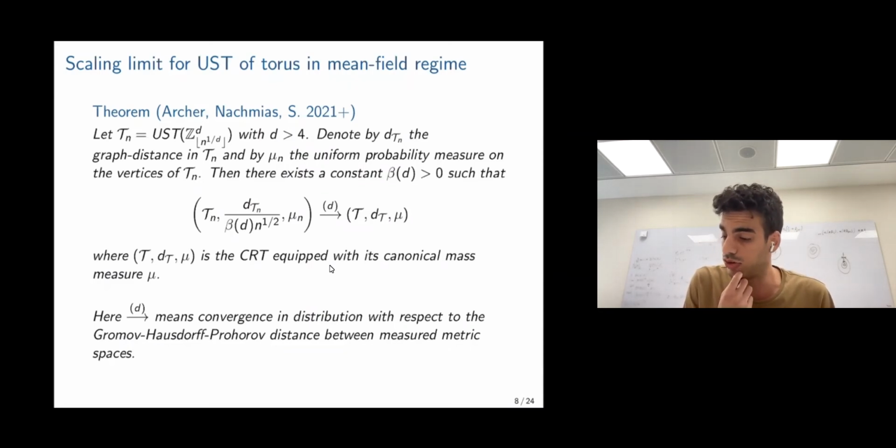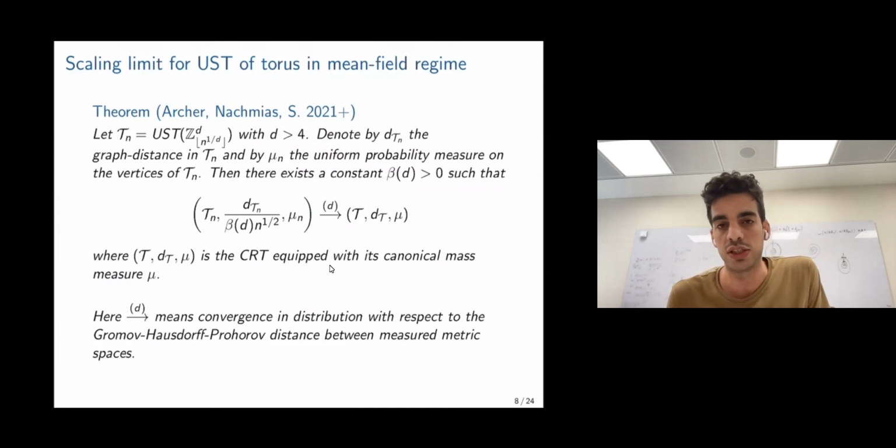Maybe two things I'll mention here. One is that this beta_d is the only place where we see some of the local structure of the torus. But as we take d to infinity, we become more and more similar to the complete graph, and this beta_d tends to 1.